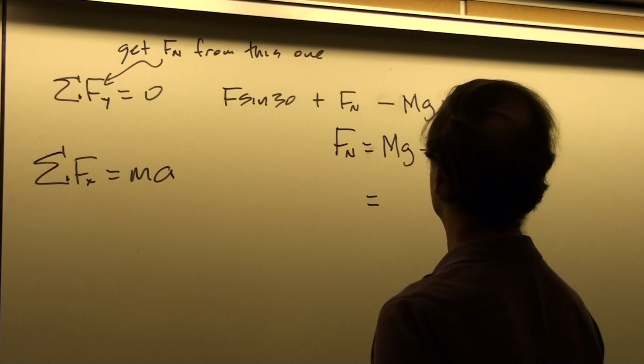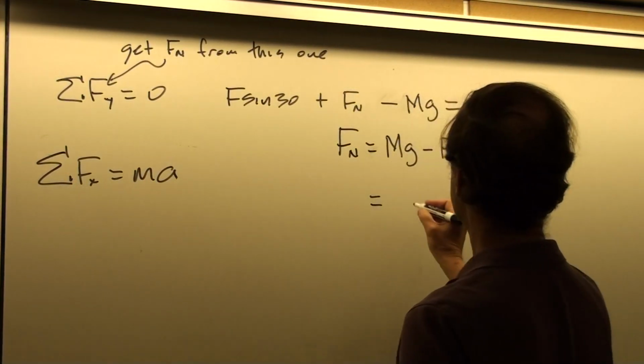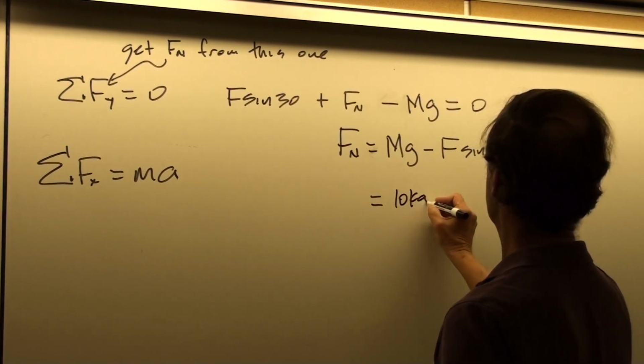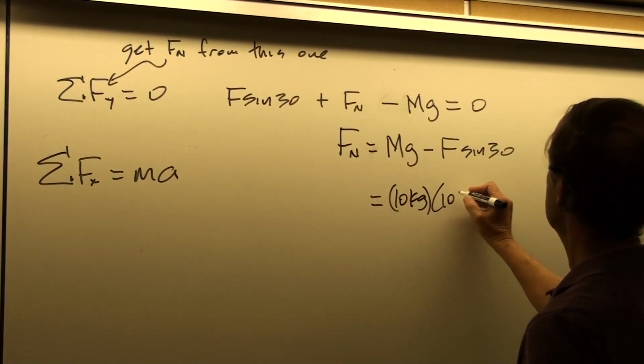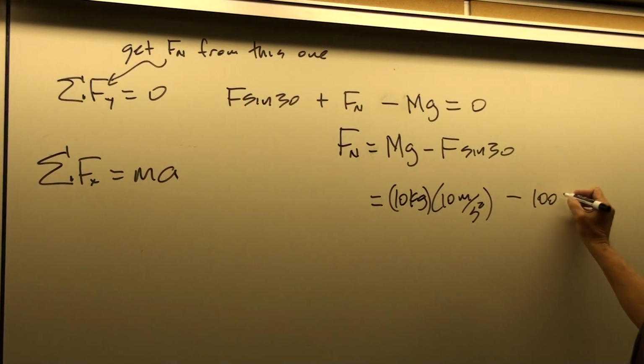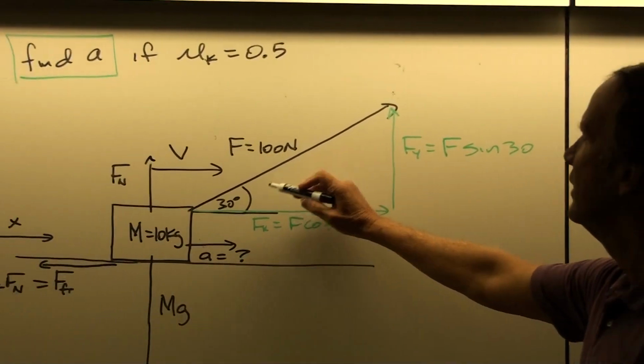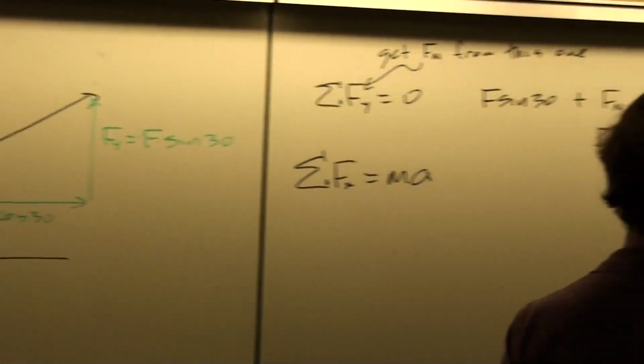So for this problem, m is 10 kilograms times g, 10 meters per second squared, minus 100 newtons for the force. Here I'm plugging in the numbers, times the sine of 30.